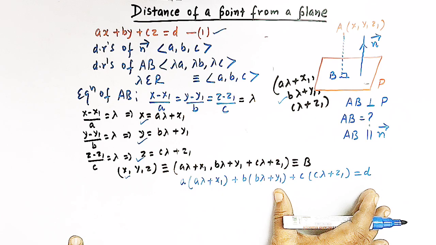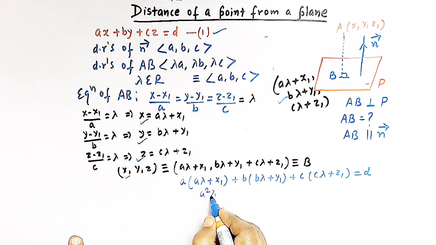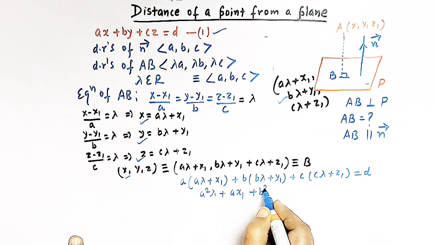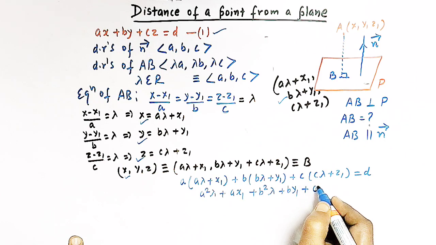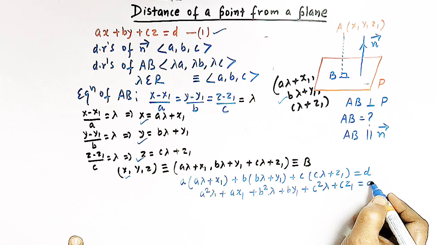So let us solve this equation, right? So we have a square lambda, then we have ax1, then we have b square lambda, then by1, then we have c square lambda plus cz1 is equal to d.